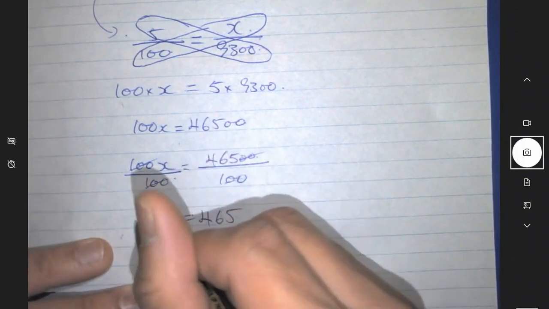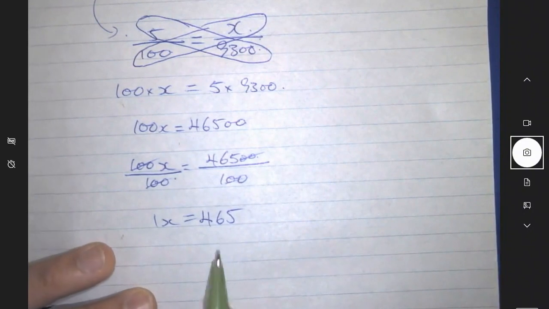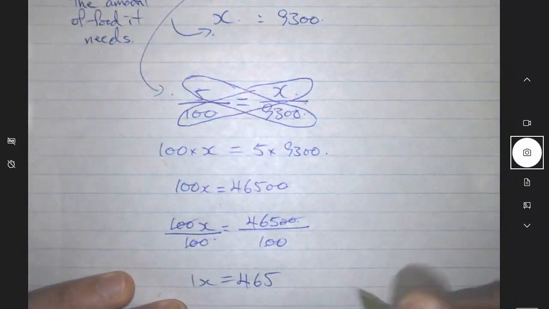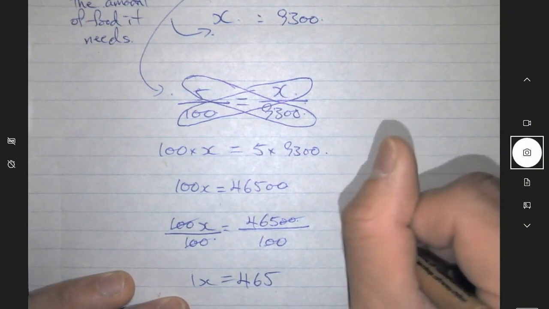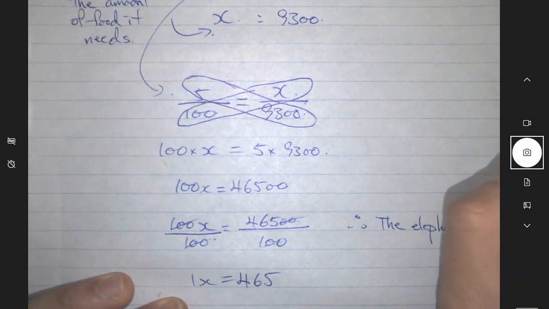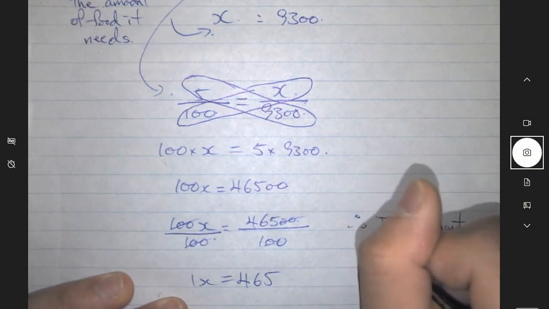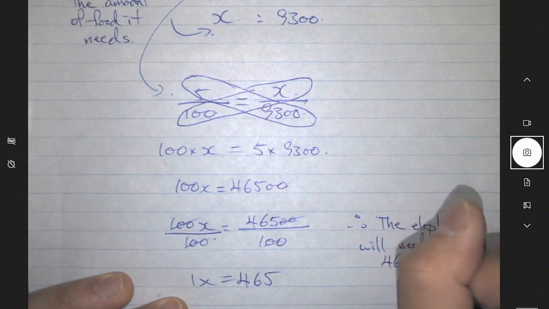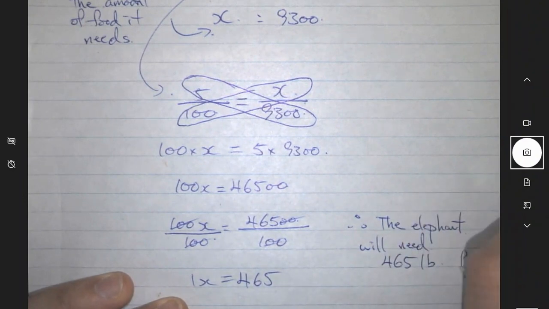Okay, 1x will be 465. So if you look earlier, our question was x will be how much food it needs. Therefore, the elephant will need 465-pound food each day.